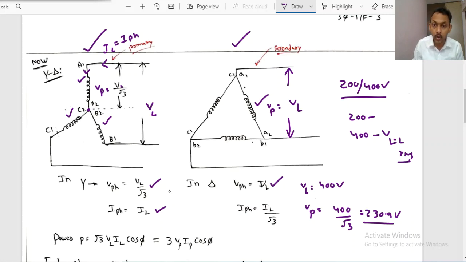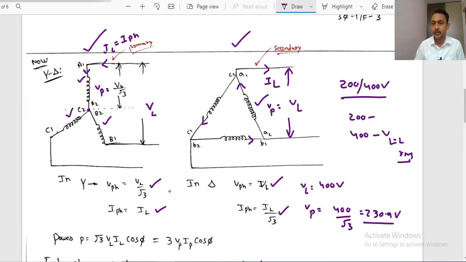Similarly, if you observe the current flowing in this line and the current flowing in this phase, the phase current will be IL by root 3.